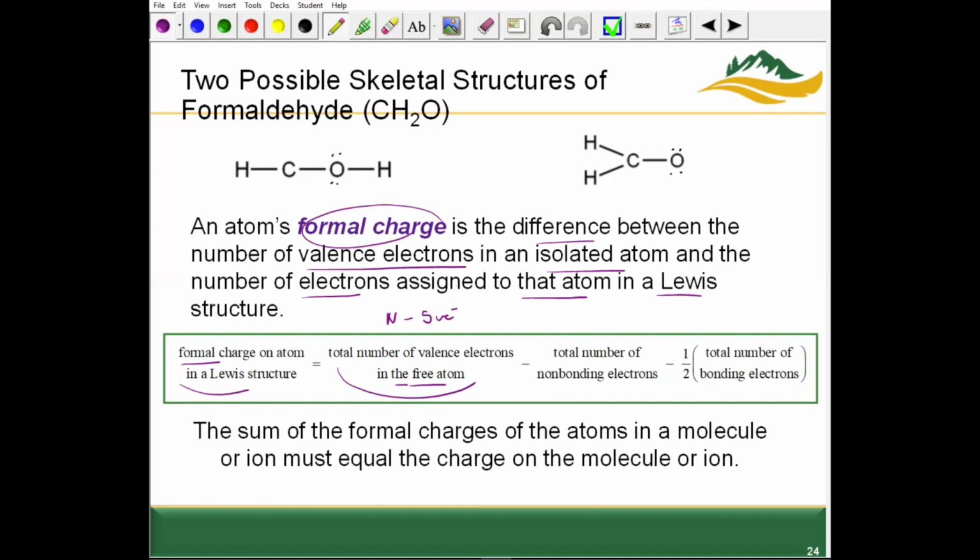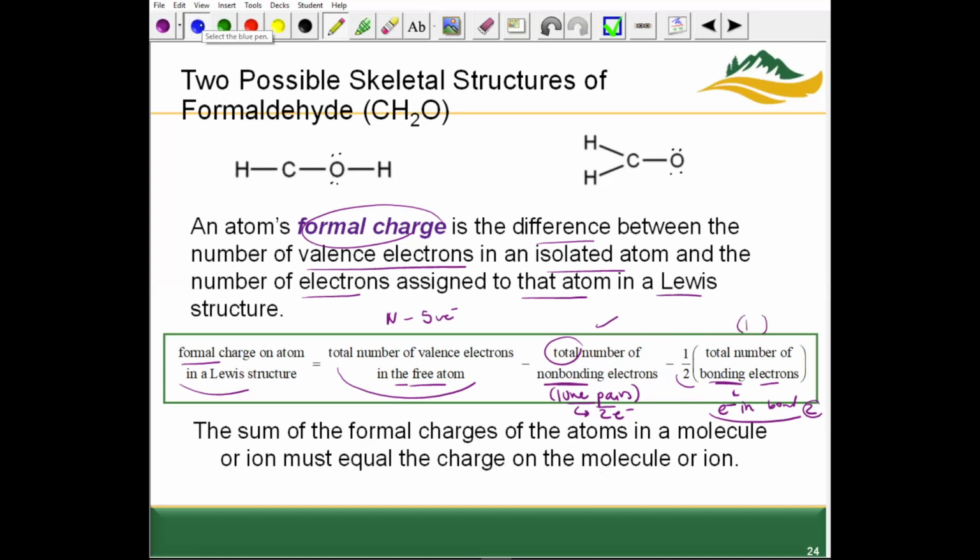This is minus the total number of non-bonding electrons, the electrons in lone pairs, where a lone pair counts as 2 electrons, minus 1/2 times the total number of bonding electrons. The electrons in a bond is 2, but we do 1/2 times 2. So for every bond, that would be a value of just 1.